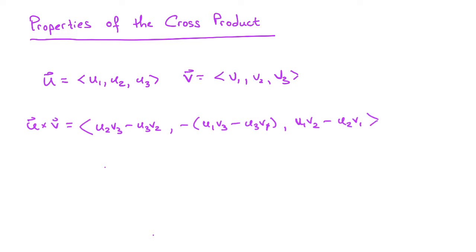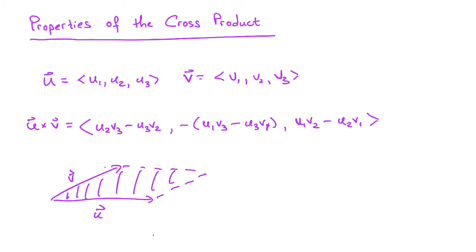And remember what this was supposed to give us: for our vectors u and v, the magnitude of the cross product gives us the area of the parallelogram formed with sides u and v.